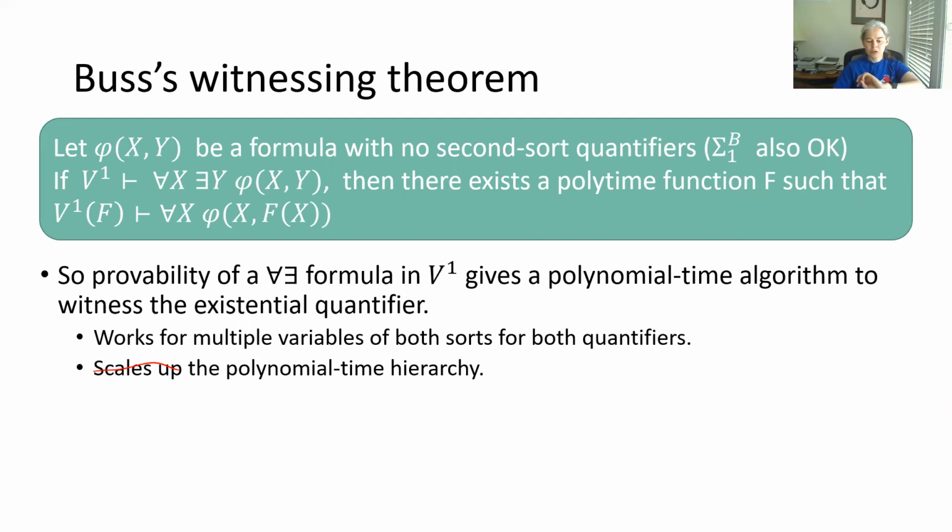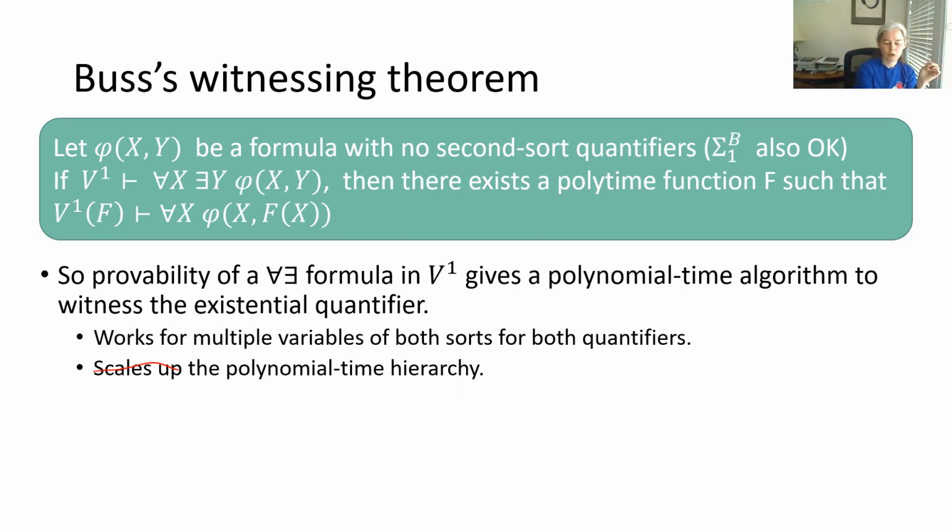So, first of all, the main tool that we use is witnessing theorems. And probably the most well-known classic witnessing theorem is Buss's witnessing theorem. Here it's stated for V1, but there are analogs for pretty much everything.